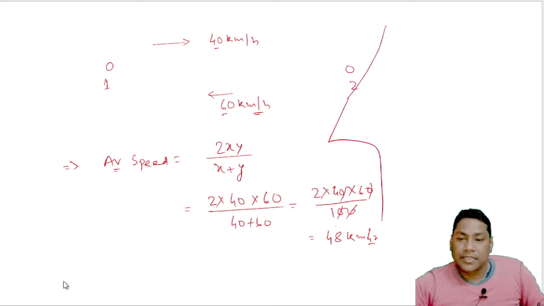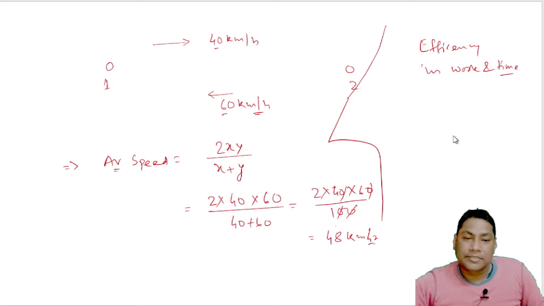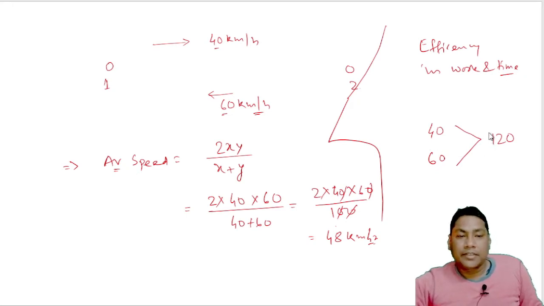For this method, we will follow the efficiency method, as in work and time. The speeds given are 40 kilometers per hour and 60 kilometers per hour. If we take the LCM, it will become 120. Let us assume the distance between the 2 points as 120.